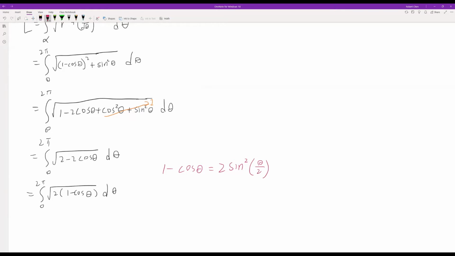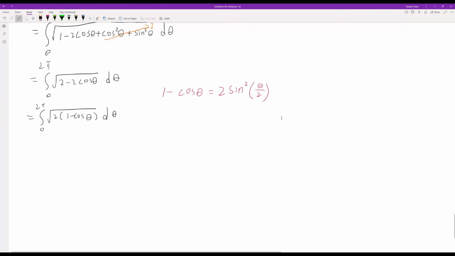It's one of the half angle formulas with a little twist, which is not that common, but in this case we're going to use it. So we can rewrite the whole radical as the square root of 2 times 2 sine squared of theta over 2, and that simplifies down very nicely to 2 sine of theta over 2, d theta.